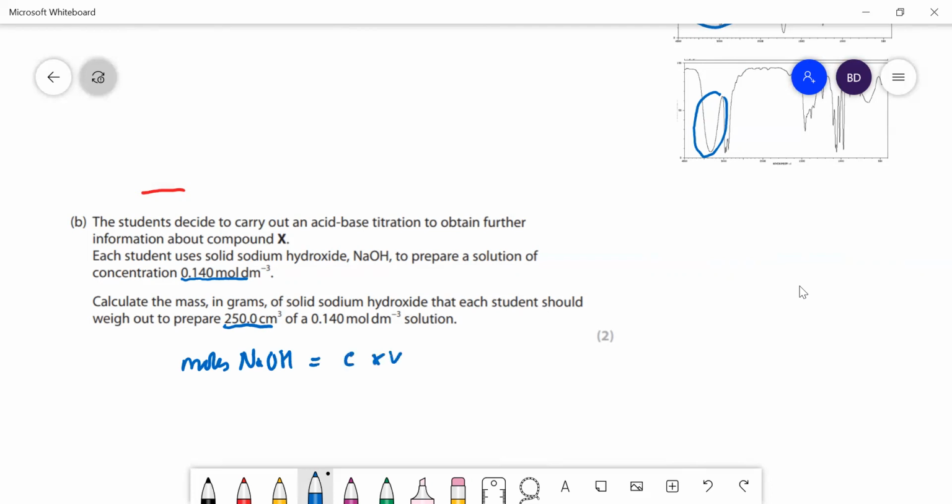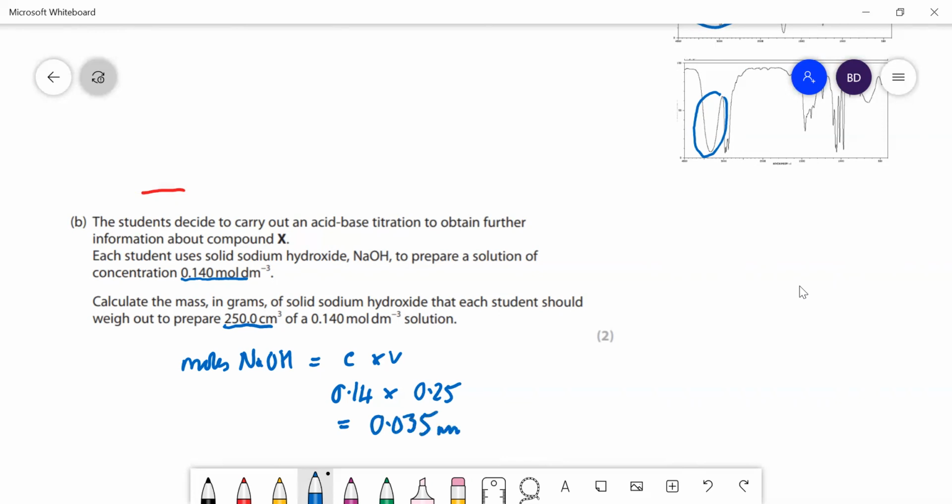The concentration is 0.14, and the volume is 0.25 dm cubed, so that is equal to 0.035 moles.